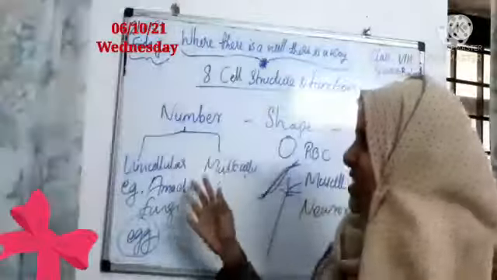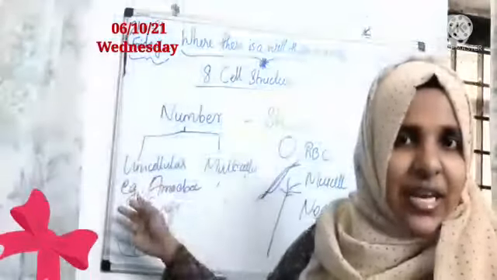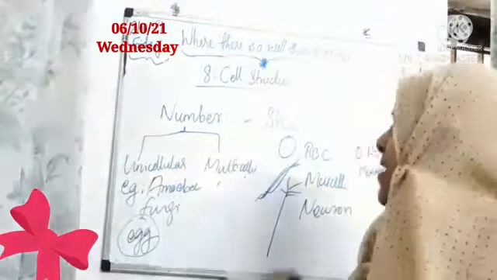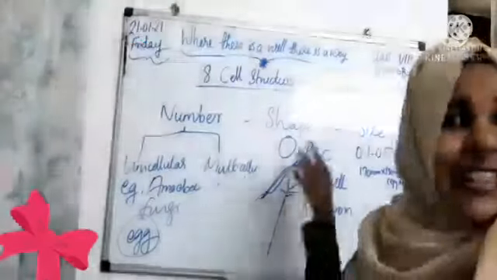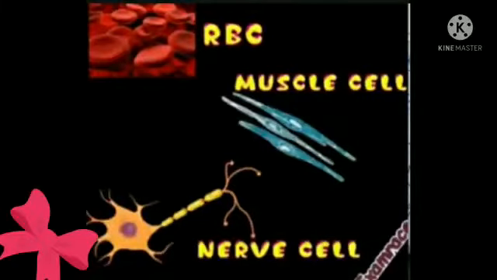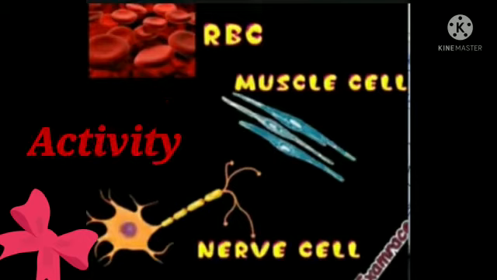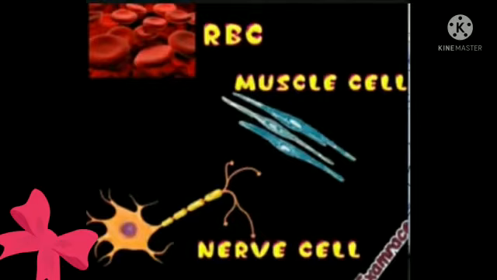Okay. So in this section we discussed unicellular and multicellular organisms, and the shapes of cells, then the size of cells. Dear students, we can do one activity now. All of you should take your book and draw the picture of RBC, muscle cell and nerve cells. These are the different shapes of cells. These cells are all seen in our human body.